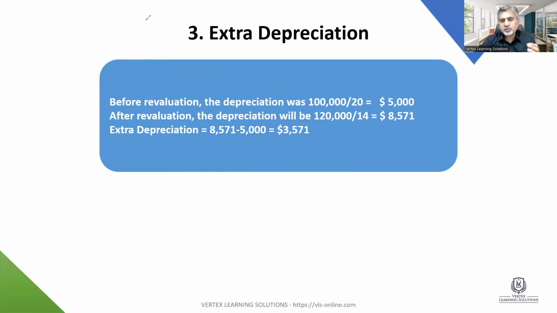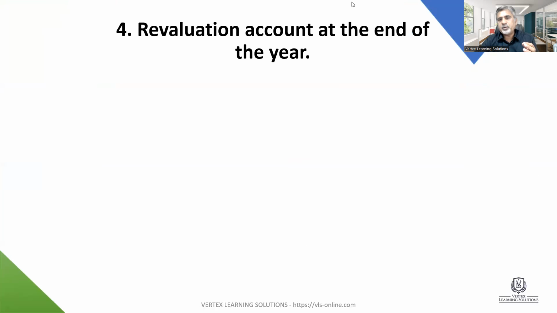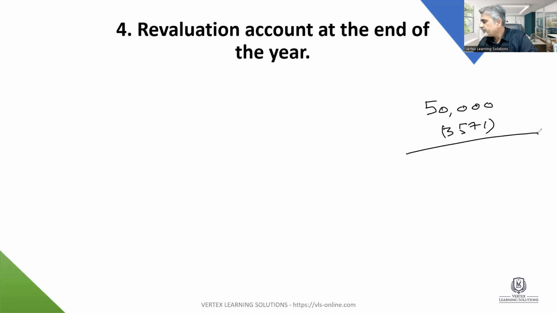Next point, the fourth point, last point was, what is the revaluation account at the end of the year? I also already explained this point, because you created 50,000 revaluation surplus, extra depreciation you subtracted from here, and 50,000 minus 3571, this is 46,429.